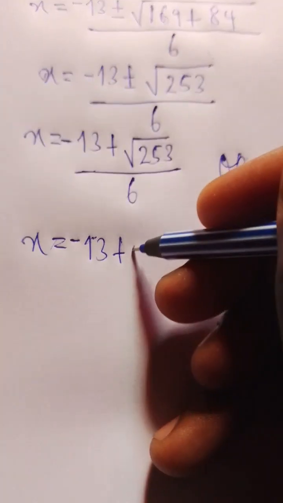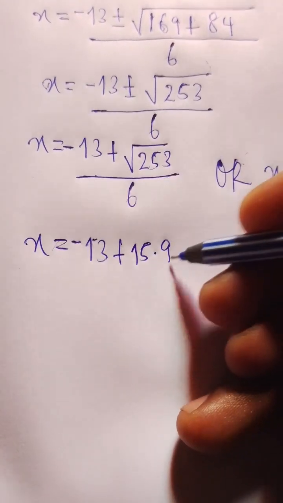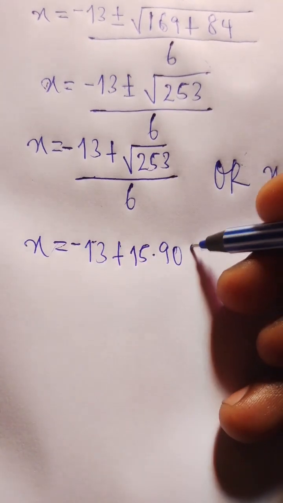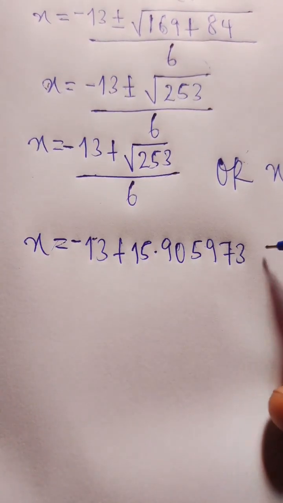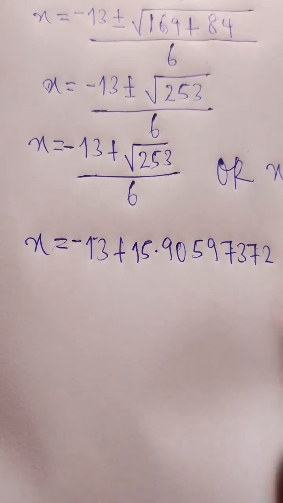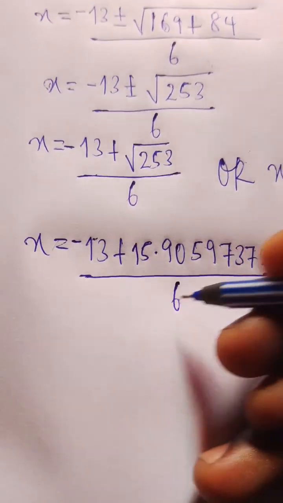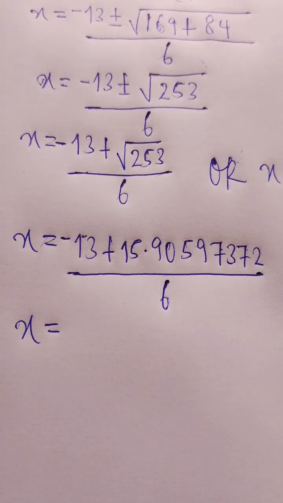That is 15.90597372. It is over 6. Let's find the value of negative 13 plus 15.90597372.